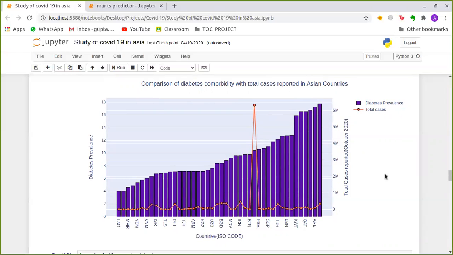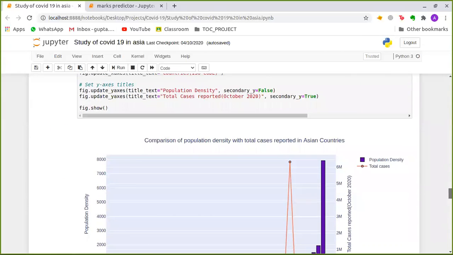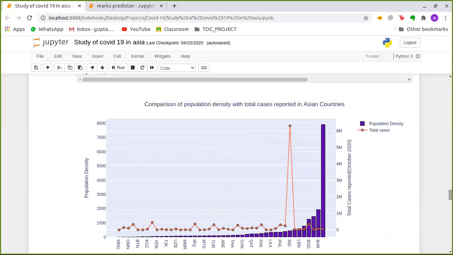However, the graph is not that satisfactory in this regard, because it shows that India has the highest diabetes prevalence and the number of cases is very high, whereas in Saudi Arabia the diabetes prevalence is very high, but the number of reported cases is very low. What could have been a better indicator is the number of patients affected and whether they are diabetic or not.